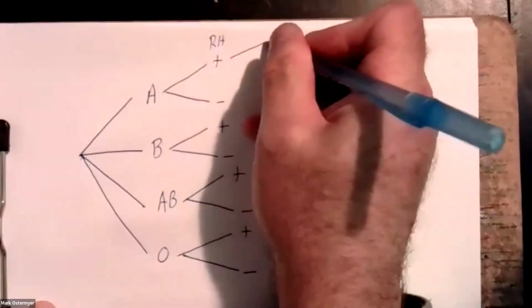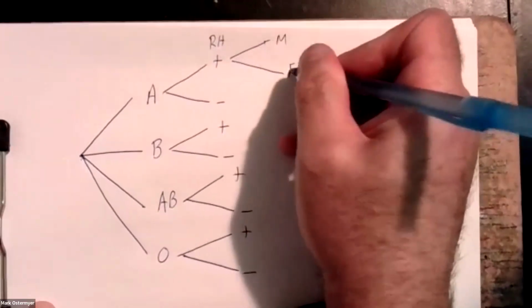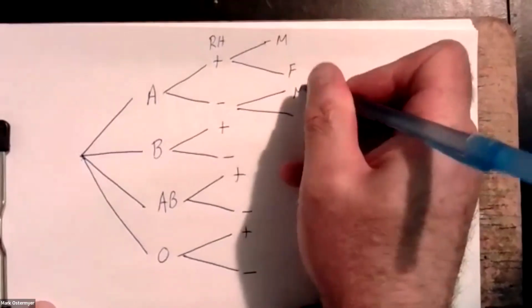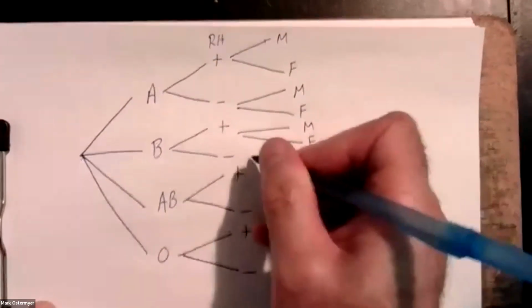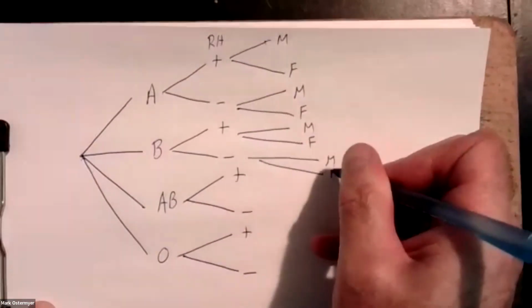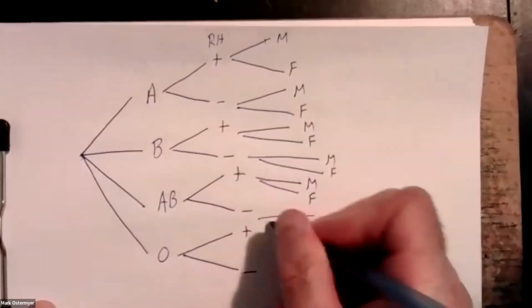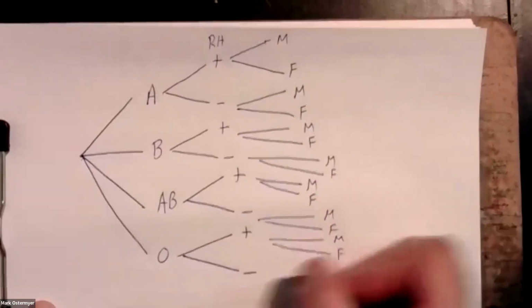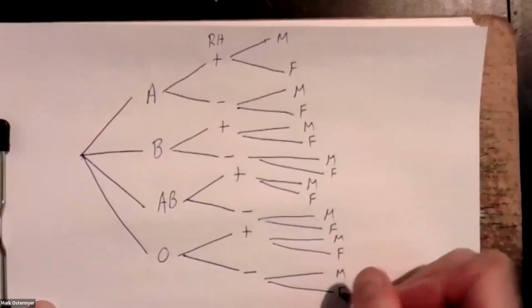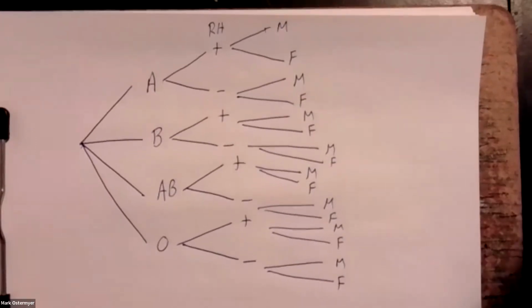And then from there, you can have 2 more branches coming out, which gives you the gender, male, female, for each. By following the branches of this tree, you can enumerate all 16 possibilities.